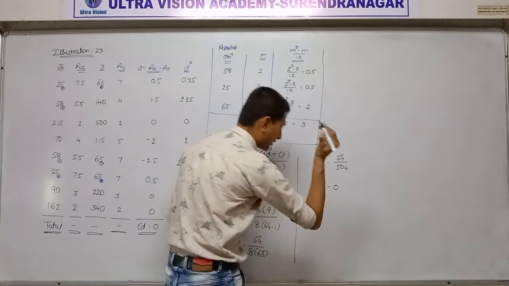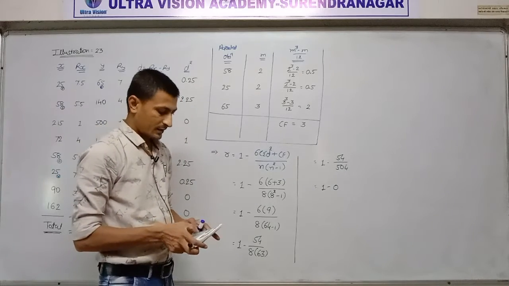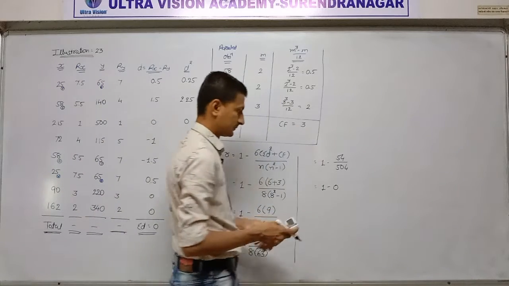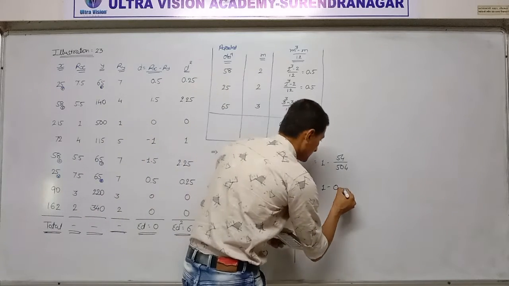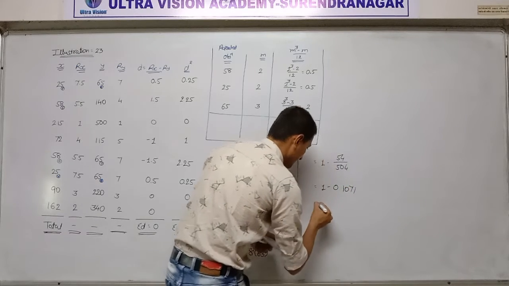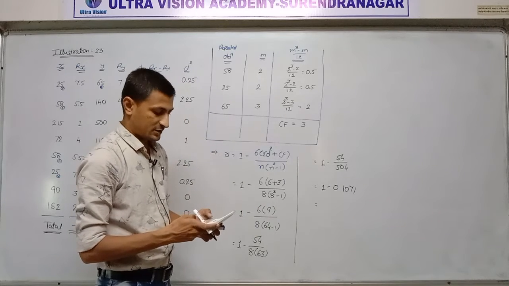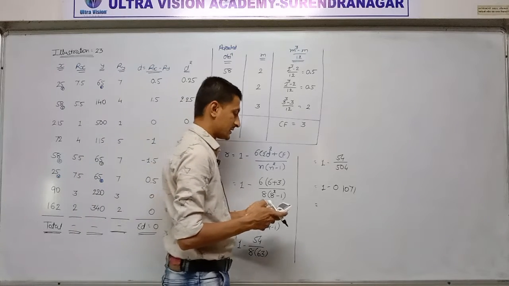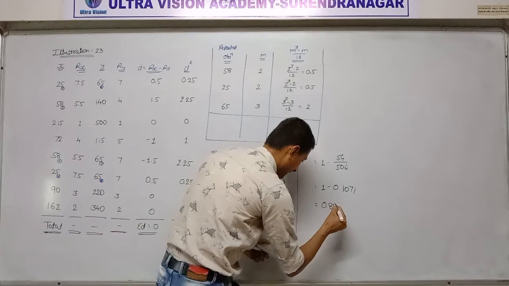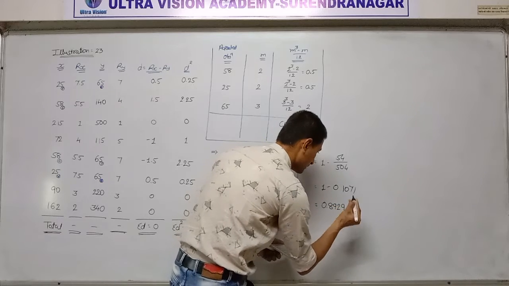So 1 minus, using the calculator, 54 divided by 504, 0.1071. 1 minus 0.1071 is 0.8929.